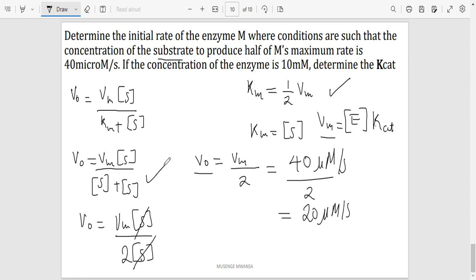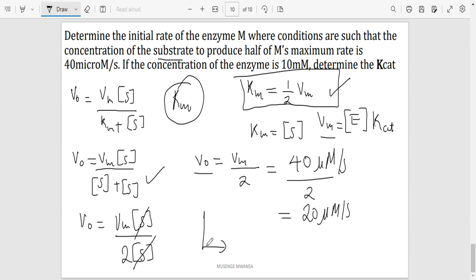So every time we are talking about Km, the concentration of the substrate, if you draw just a graph like that, you have got maximum velocity. At half the maximum velocity, this value here is what we call Km. At this point, at Km, initial velocity is always going to be equal to maximum velocity divided by 2.